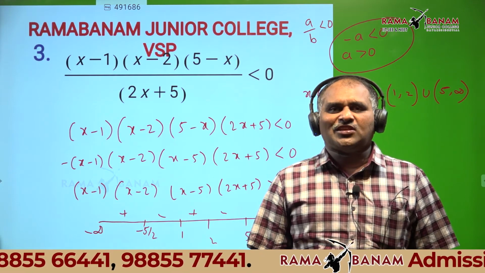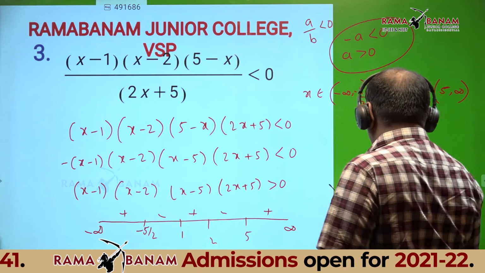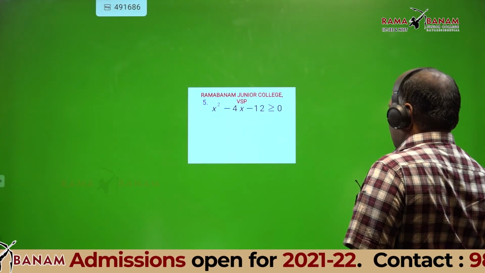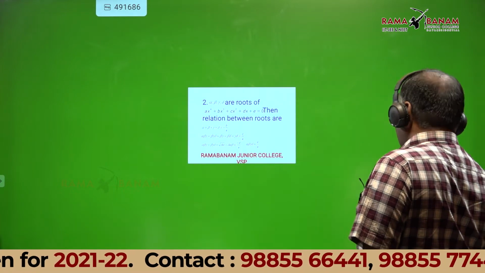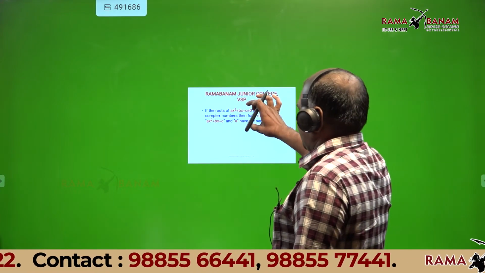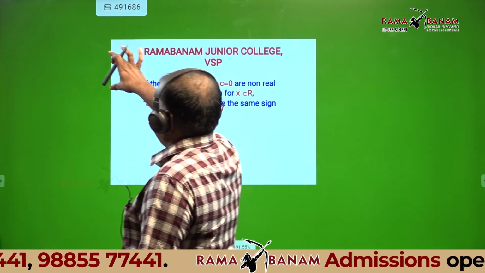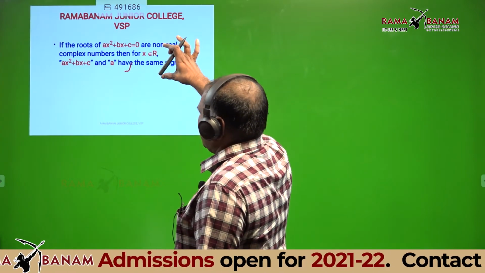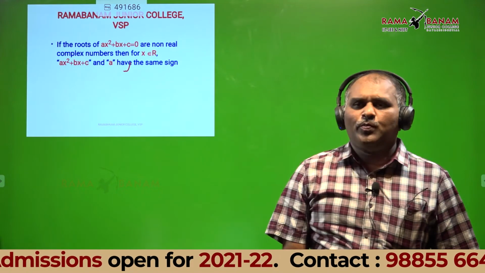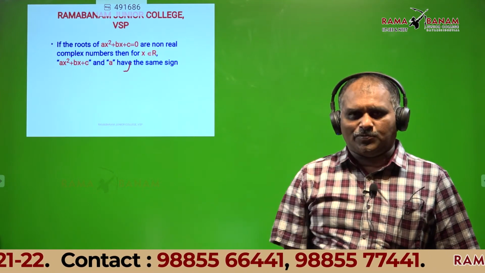That means, how do we define the signs of a quadratic equation? Here, listen and observe this one. By observation, how do we know where the quadratic expression should be positive and where negative? First I will explain.